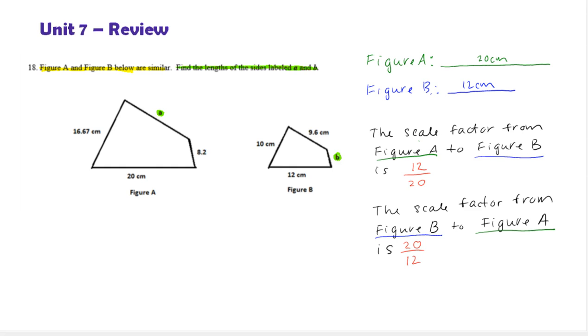Okay, so now let's find these sides. So for side A, we want to start with the corresponding side in figure B, which is 9.6 centimeters. So we want to scale the figure B size to the figure A size. Again, I'm noticing A is bigger. I'm going from B to A, so I'm going to multiply by 20 over 12.